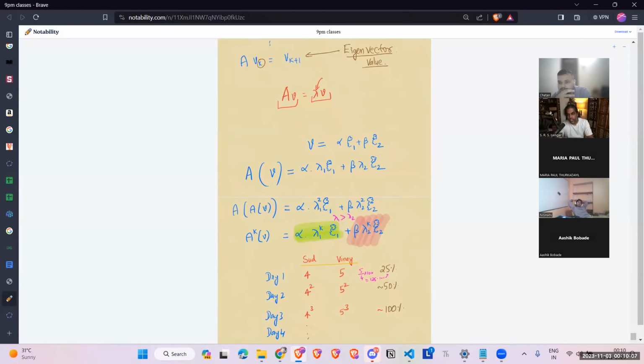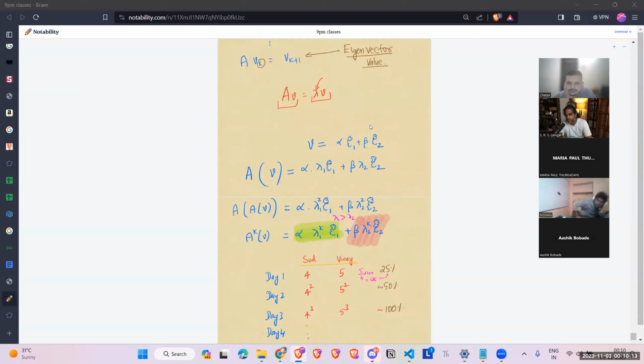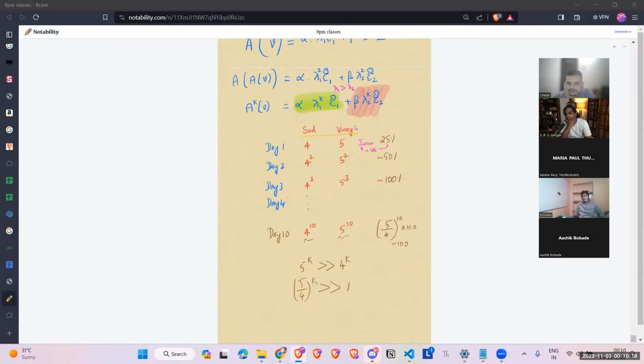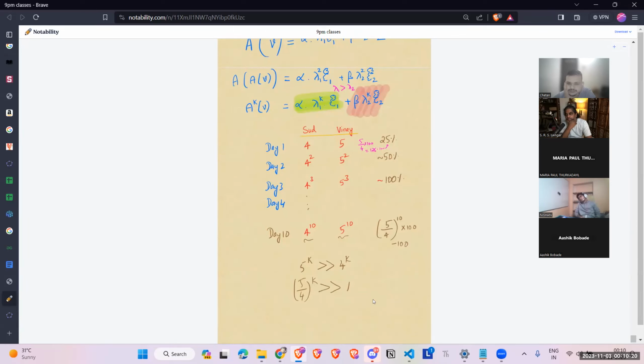So one becomes very big, one becomes very small. When you add, it is closer to the bigger one, right? That's all. This is how you found the first eigenvector.